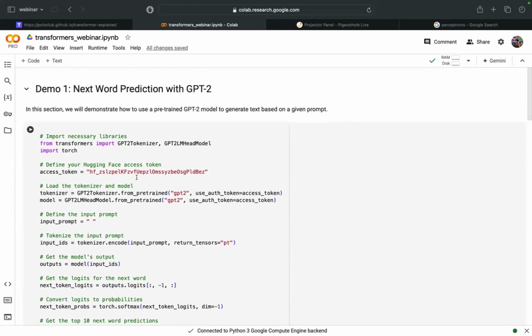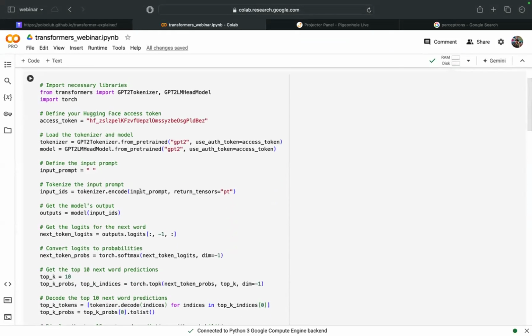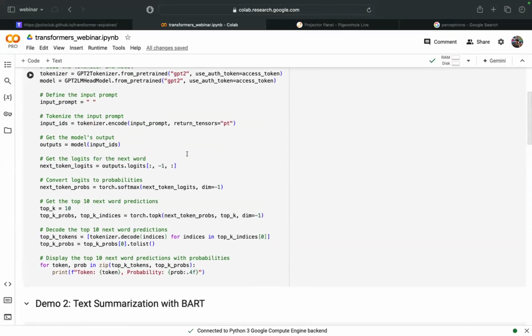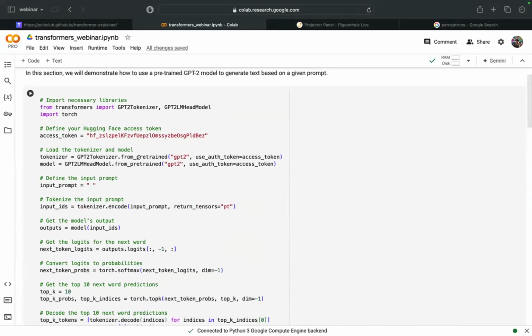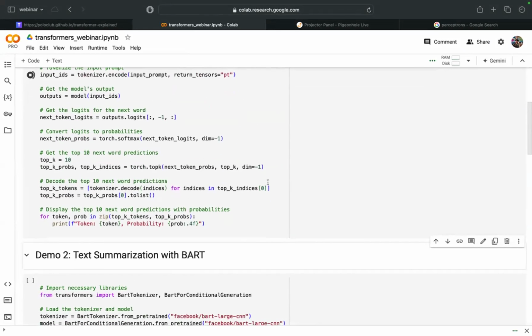The first part is just next word prediction with GPT-2. Let me try the same thing here and see what the output comes. I think it might take a bit.